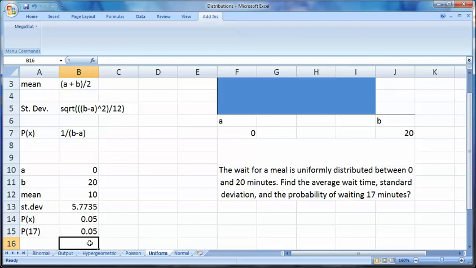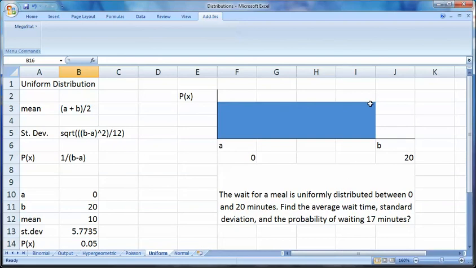Now if we wanted to say, well, what is the probability of waiting between 17 and 20 minutes? Okay, well, let's change it up just slightly. So P of X, 17 to 20 minutes. Well, it's going to be an area problem. We're going to say, okay, well, 17 is going to be around here somewhere. We'll just say 17.